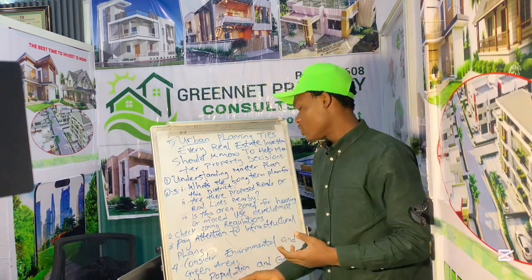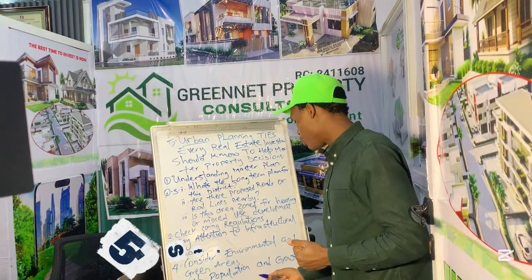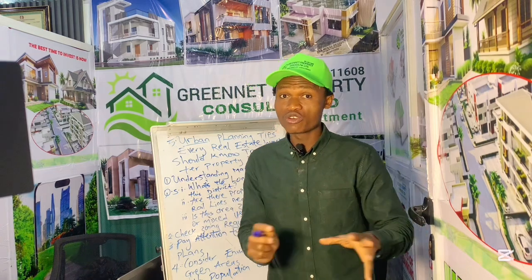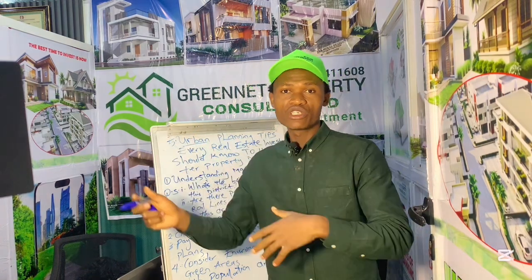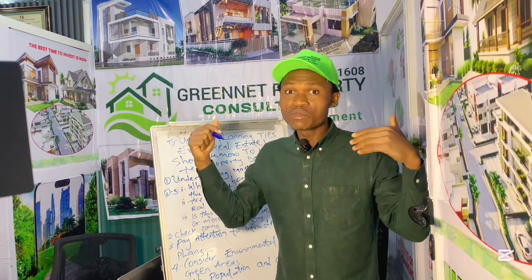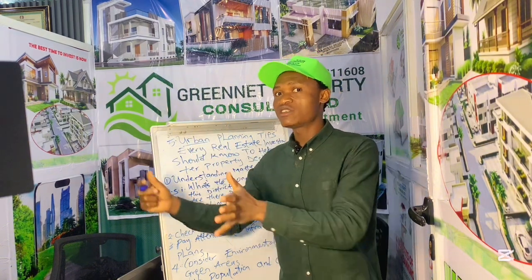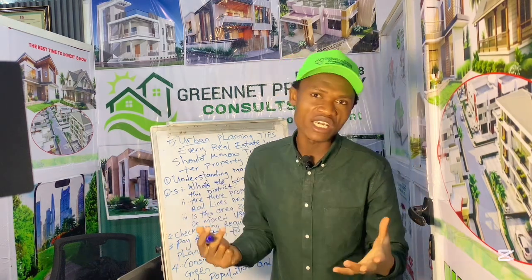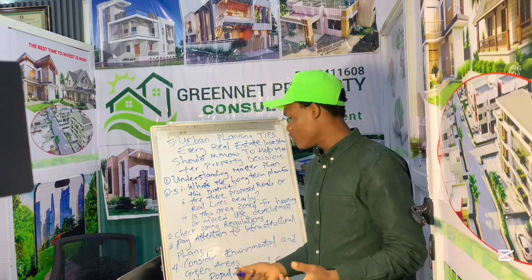Now we move to number 5, where they say study population and growth trend. You see, study population and growth trend. We have rural-urban migration, inbound tourism and recreational planning. That's for the tourists coming into our settlement for the purpose of sightseeing.